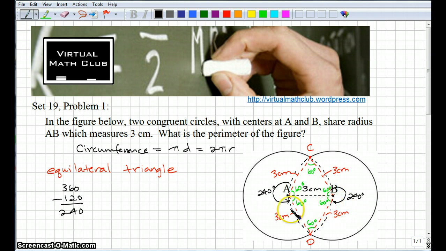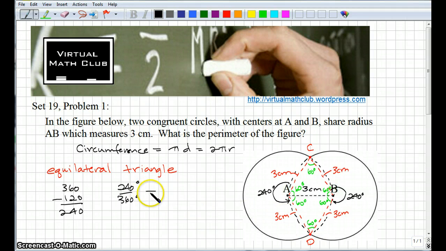Now you can see the proportion of how much of this arc is swept out compared to the whole circle. So essentially we've got 240 out of 360 degrees. That's the arc swept out by this 240 degree angle.